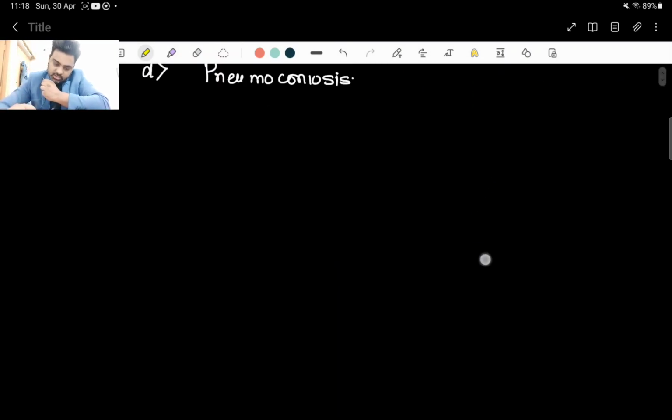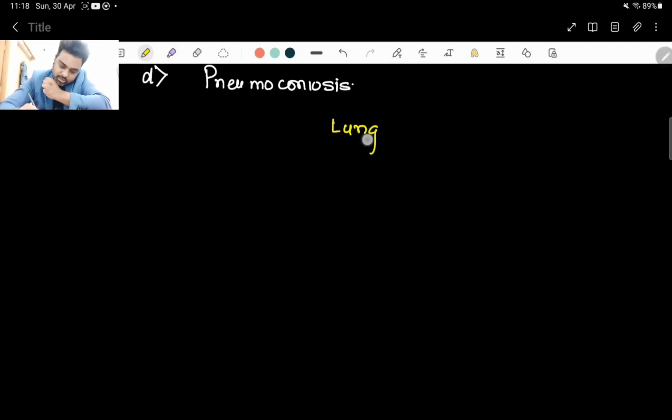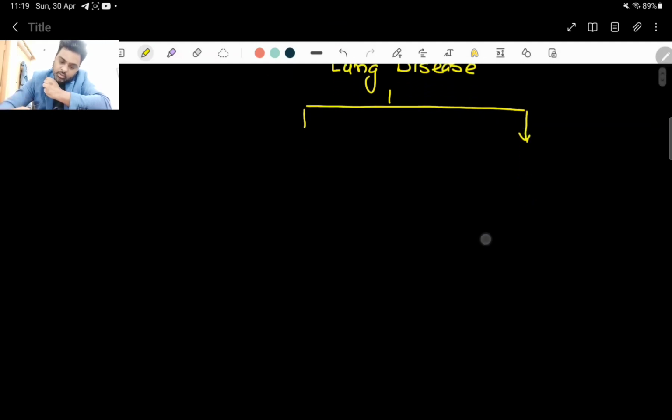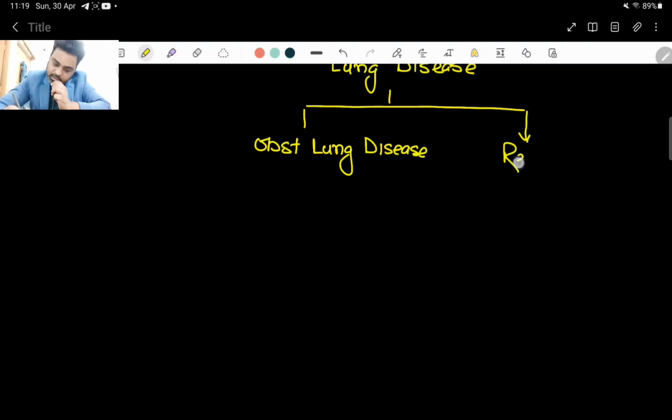So I'm going to tell you about the lung diseases. Basically, lung diseases are classified into two types. One is obstructive lung disease and the other is restrictive lung disease.